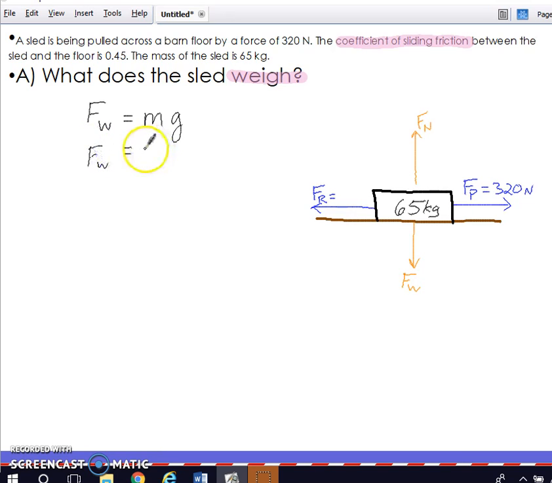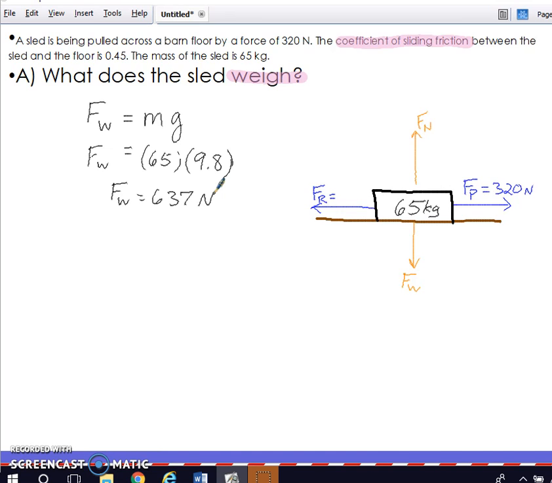So FW is equal to 65 times the acceleration due to gravity, 9.8 meters per second squared. I multiply those two together, and I get 637. And my label is newtons.